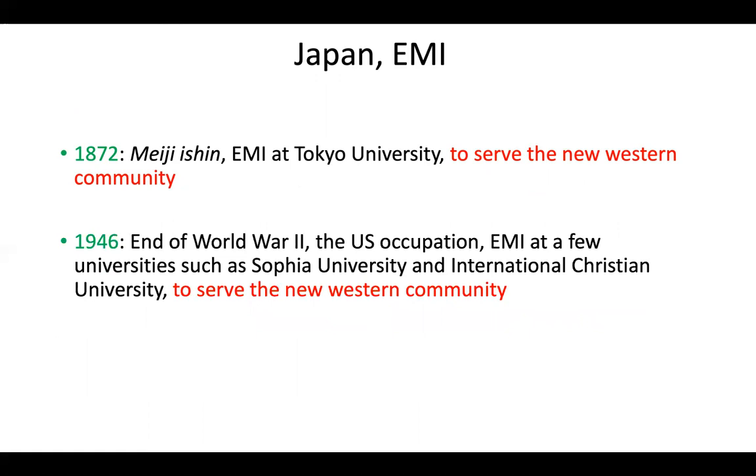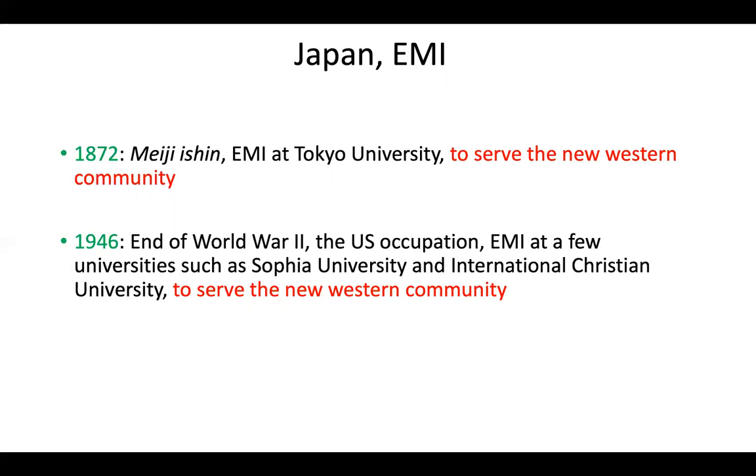But after that, the medium of instruction switched to Japanese, because the Japanese students that were sent abroad and the scholars all came back to Japan, and then they could take over all the teaching positions. Also, the books and resources started to be translated into Japanese.